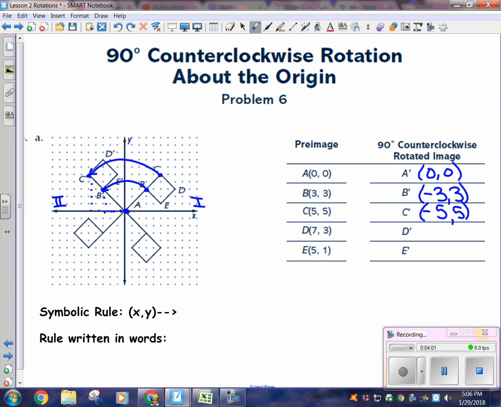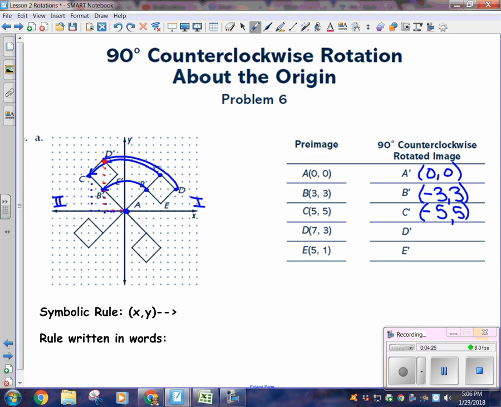Now we're going to get to D. D is going to go from here to here. D is located over 7 and up 3, but D prime is not quite that far. D prime would take me 1, 2, 3 to the left, and then up 1, 2, 3, 4, 5, 6, 7.